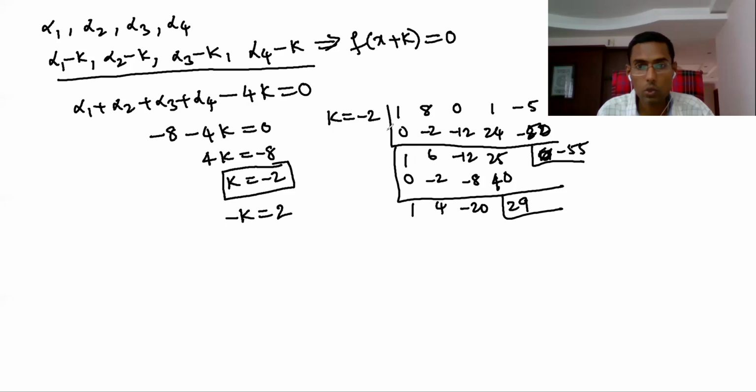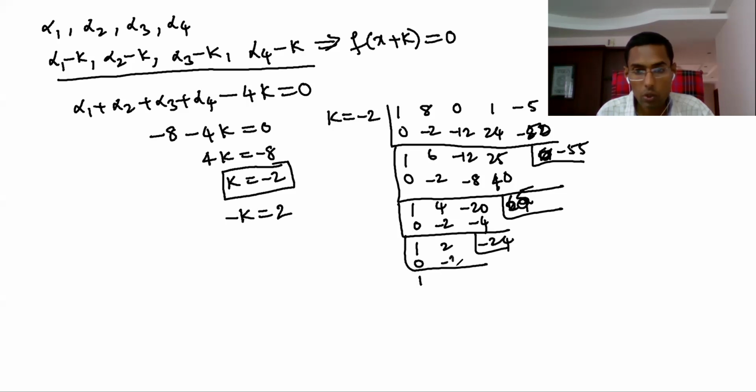Minus 20 into minus 2 is plus 40. This becomes 65. Then next: 0, then this is 1, this is minus 2, this is 2, 2 minus 4, and this becomes minus 24. And then last 0, this is 1, 2 minus 2, this is 0.